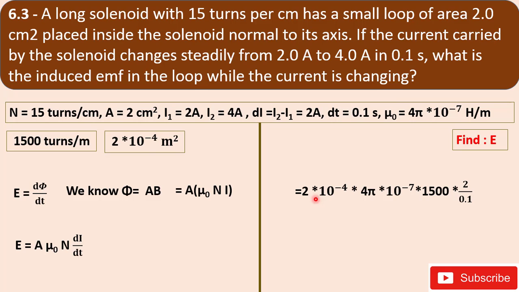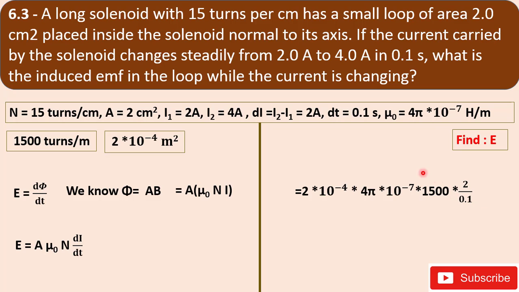Mu 0 is given as 4 pi into 10 raised to minus 7. The number of turns n is given as 1500 turns per meter. Here the 1500, and change in current dI which is 2 ampere, and change in time dt which is given as 0.1 second.